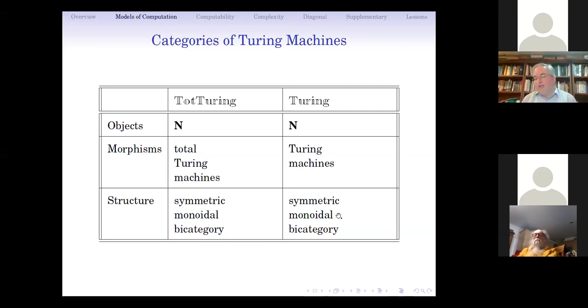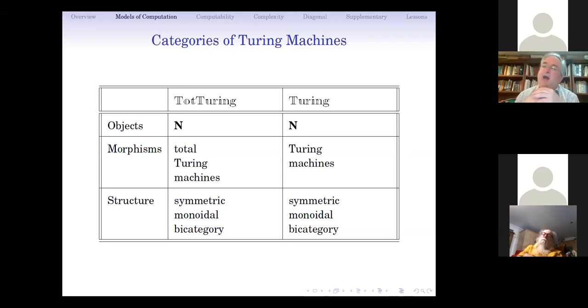Basically, if you have a Turing machine, the monoidal structure is placing two Turing machines side by side. If you have a Turing machine with m inputs and n outputs, and another Turing machine with m prime inputs and n prime outputs, then you can put them together and you get a Turing machine with m plus m prime input string tapes and n plus n prime output tapes.